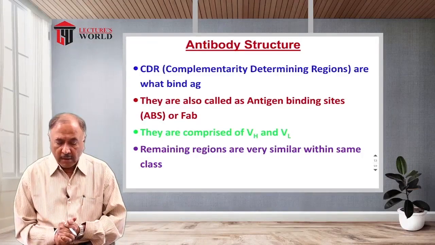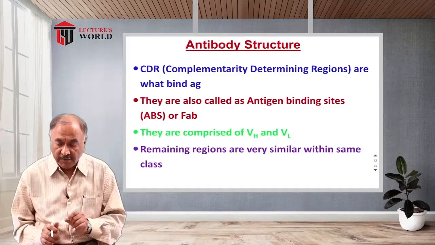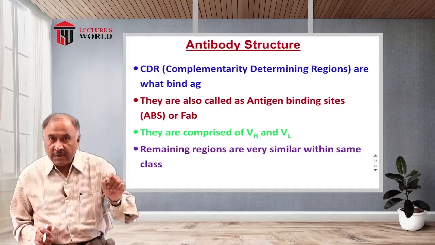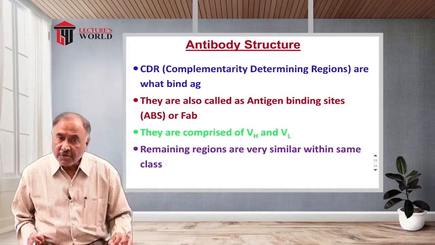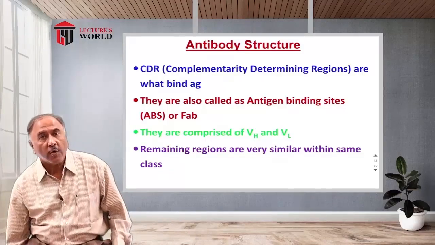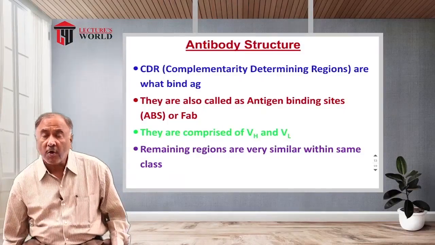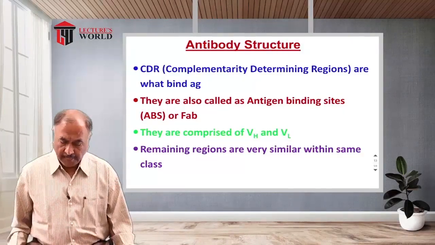Complementarity determining regions, CDR regions. Those are the regions where it binds with the antigen. So naturally, where are these CDR regions located? They must be located on the variable regions of the light chain as well as of the heavy chain.